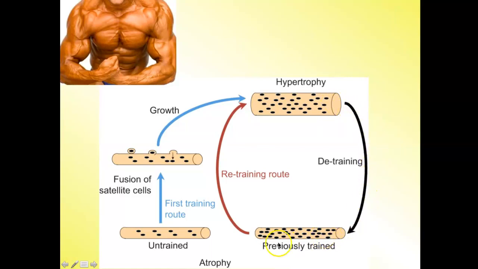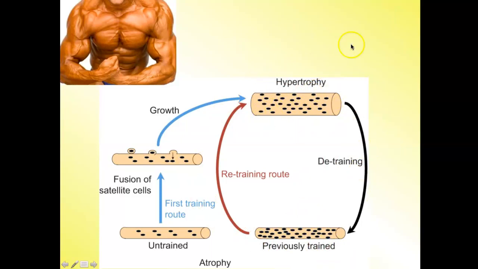But look at the difference between previously trained and untrained. Previously trained looks different than untrained, right? So when you retrain, it's actually easier to get back to hypertrophy. You guys might have experience with this, where the first time you do something, it is very difficult to get into shape. But after you've been in shape, getting back into shape is not so hard.